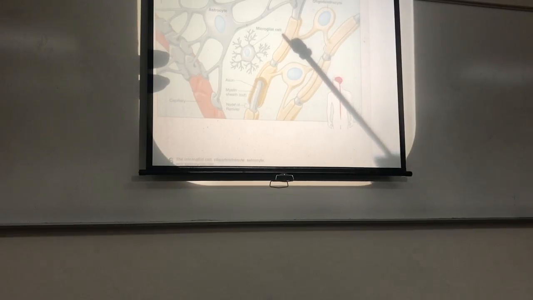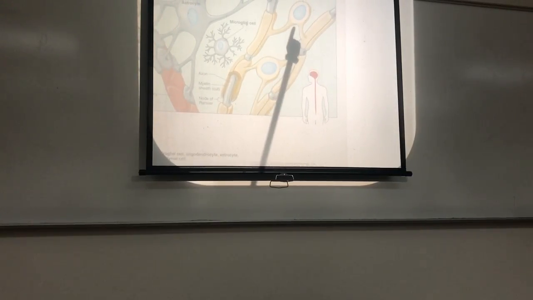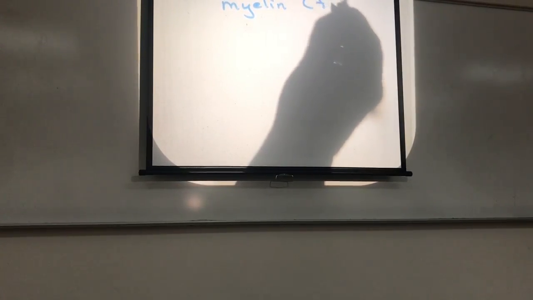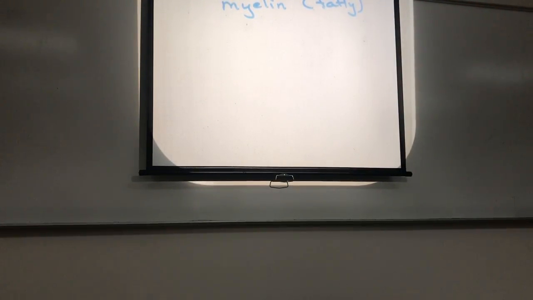And you can see that it has kind of clamped itself around the axon. And there's another axon over here, and it's kind of clamped itself around that one as well. You'll notice in this picture that it's been colored yellow. Yellow is code for fat. That's right. And the reason why this guy is colored yellow is because it actually contains a large quantity of a fatty material called myelin. It's the myelin sheath.